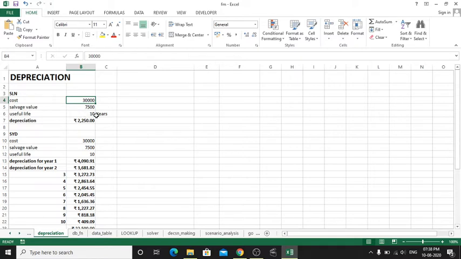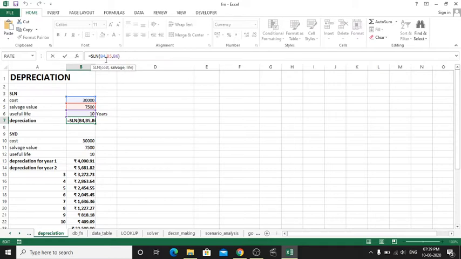So for calculating, we have the function SLN equals SLN, brackets open, cost, salvage, life. Since Excel provides the easiest method to calculate these kinds of functions, we have to input only the argument values. Let's see how it is calculated in real life.